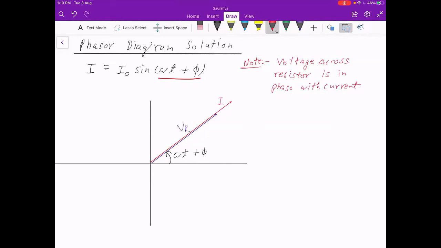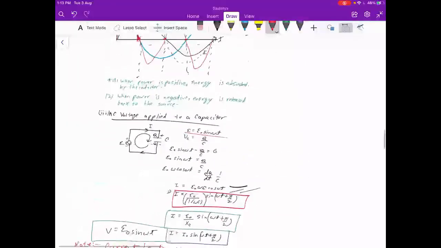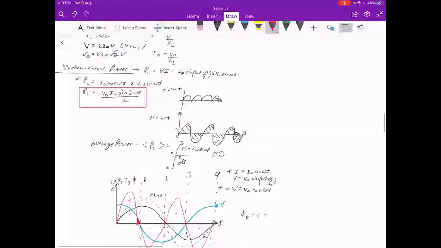Now I want to draw a couple more elements because my LCR circuit won't be complete without talking about the inductor voltage and the capacitor voltage. The inductor voltage is going to lead the current, because we have studied that current lags voltage by pi by 2 in case of an inductor.